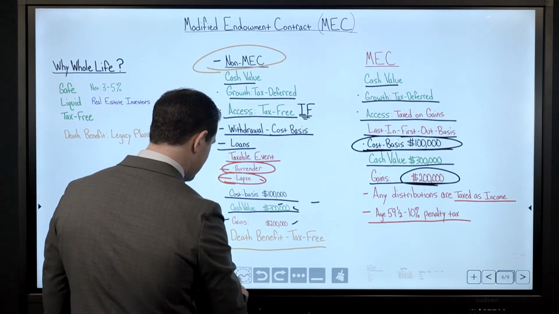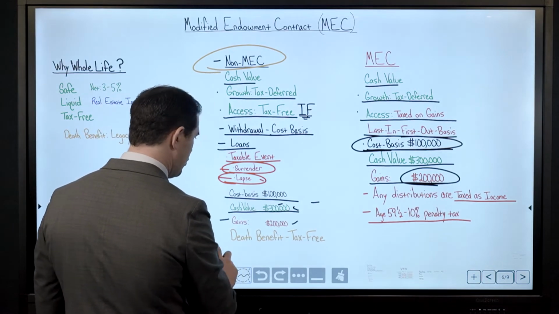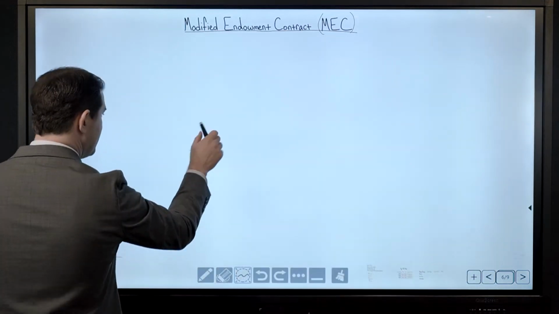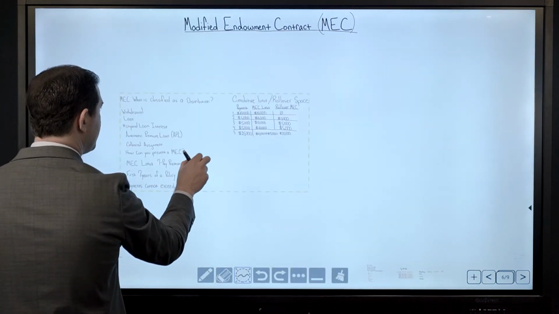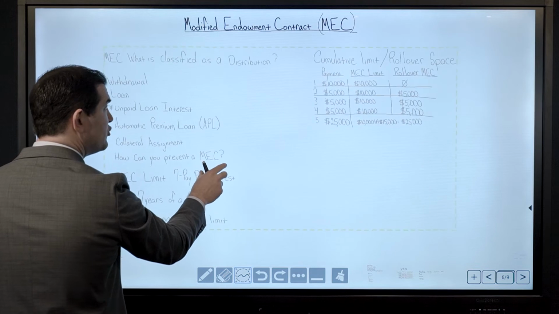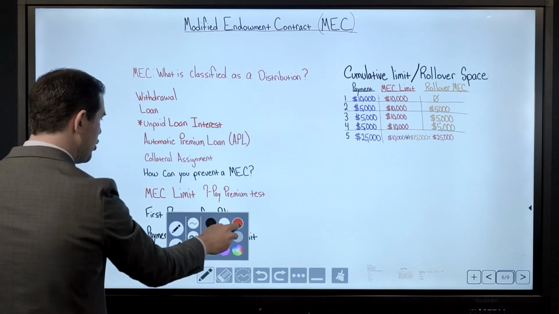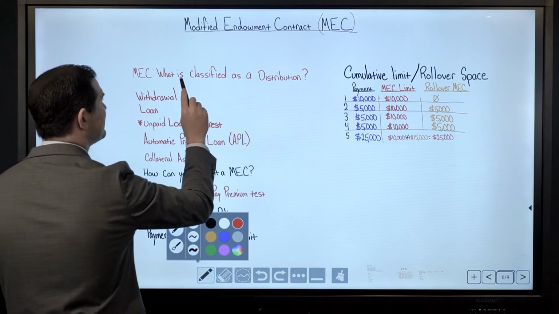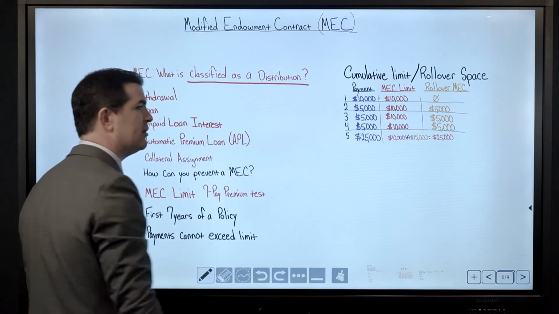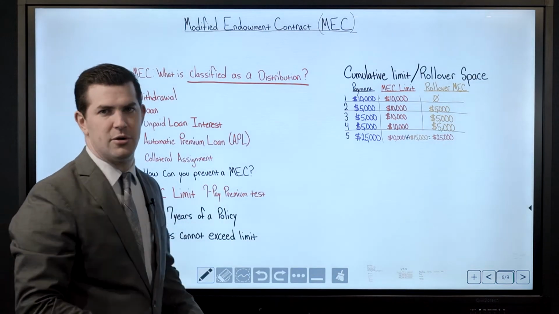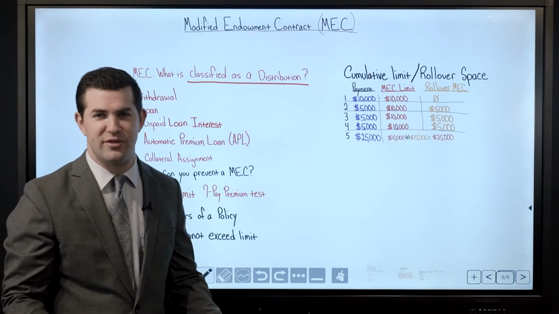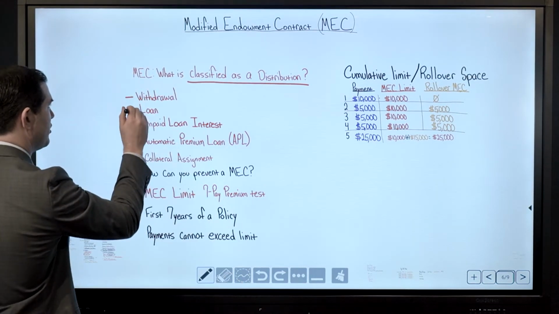So let's look at some more info here. We've got quite a bit more to cover. The last point we touched on there was any distributions are going to be taxed as ordinary income. So my question would be this: what is classified as a distribution aside from what are commonly thought to be distributions with life insurance policies, being withdrawals and loans?